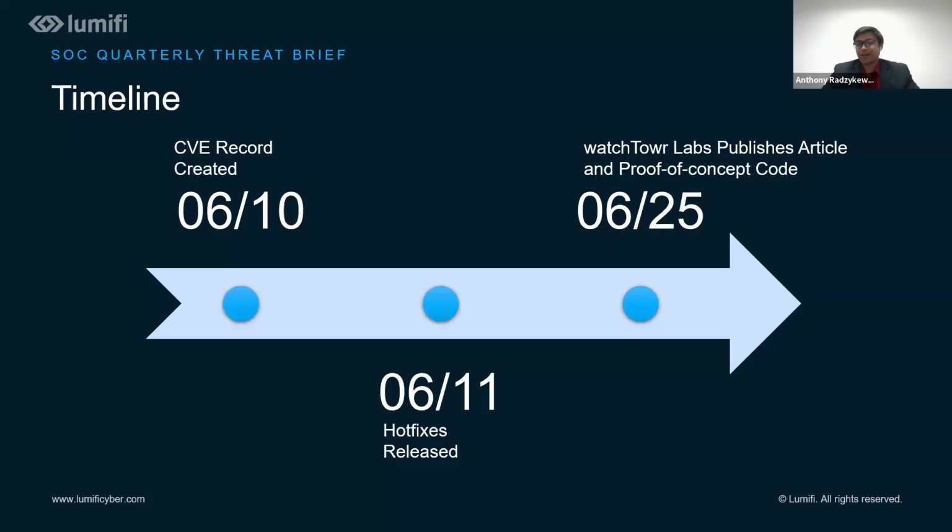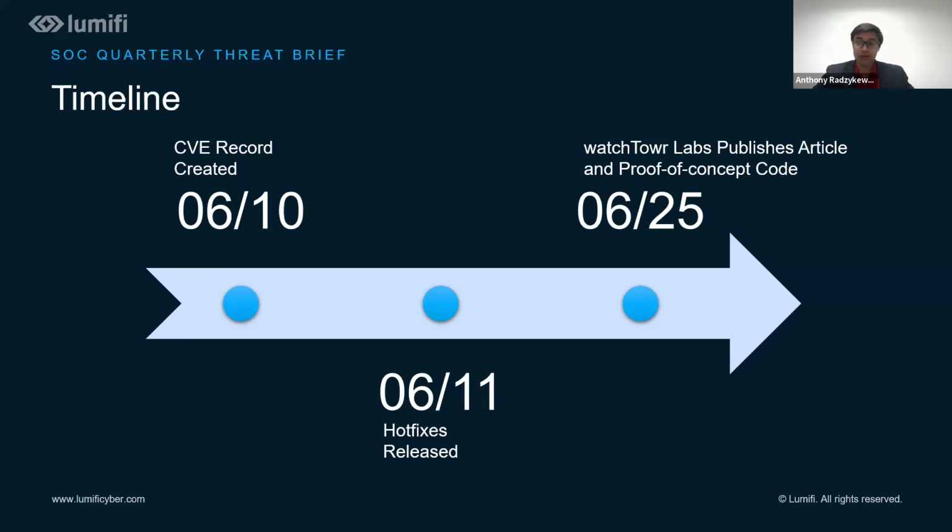So this one, I kind of want to exemplify this because, coming from an offensive background, we talk about responsible disclosure. And I really like this timeline because if we start at the very end, you'll notice that Watchtower Labs published the article, with proof of concept code, but that was all the way on the 25th.